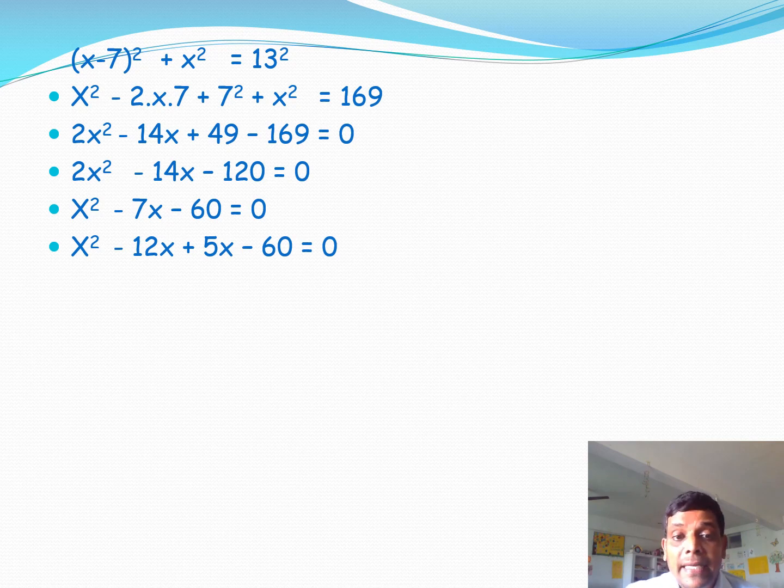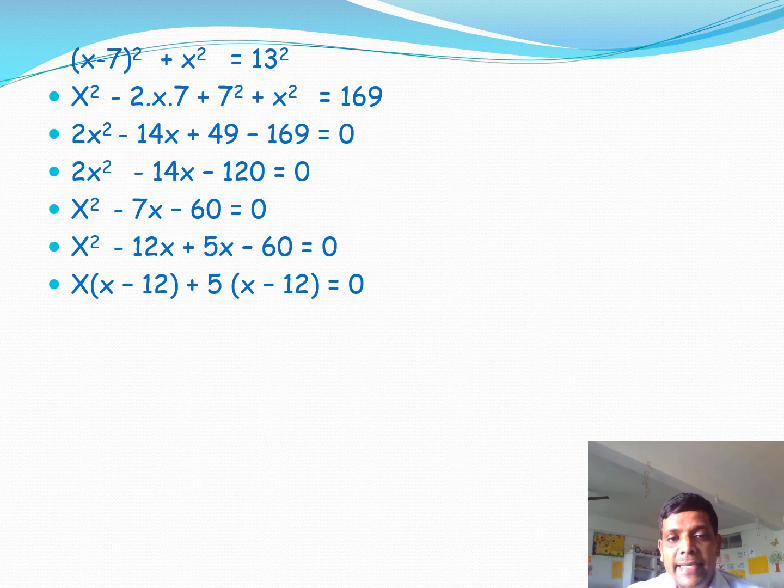So apply the splitting method. Now common factors. Already x is common. What is the remaining value? X minus 12, plus 5x minus 60. Here 5 is common. What is the remaining? X minus 5 into 12 is 60, equal to 0. Now x minus 12, these two are common, right?